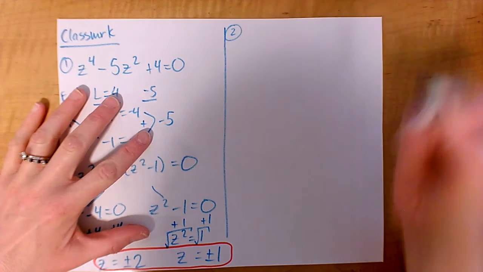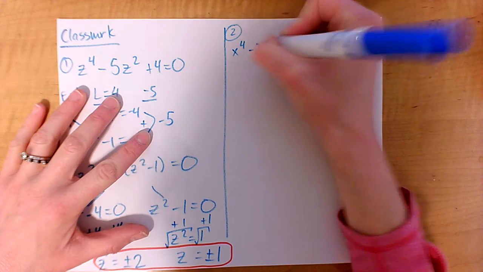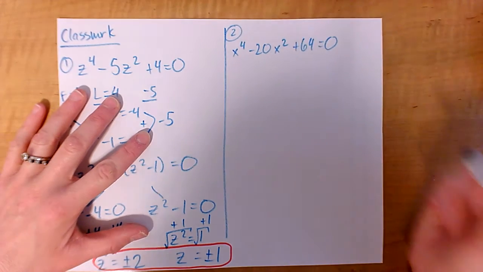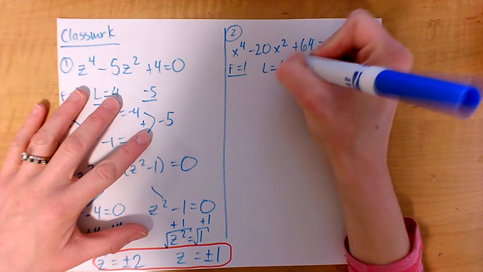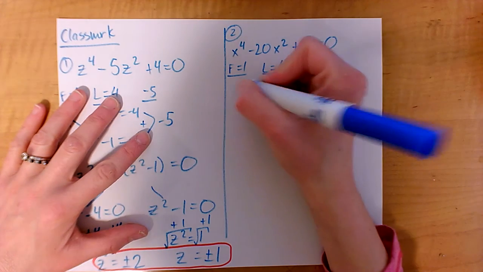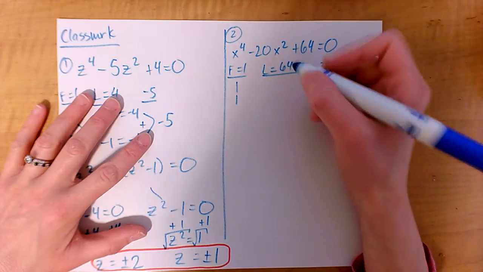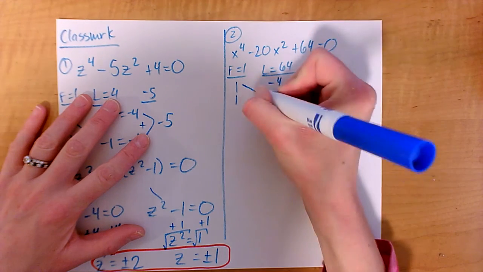So for number 2, we have x to the 4th minus 20x squared plus 64 is 0. So we'll factor with first and last. So let's do 1 and 1 and 2 factors of 64. Let's try negative 4 and negative 16.